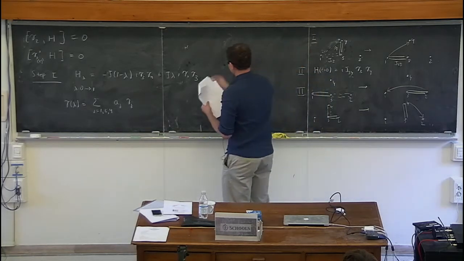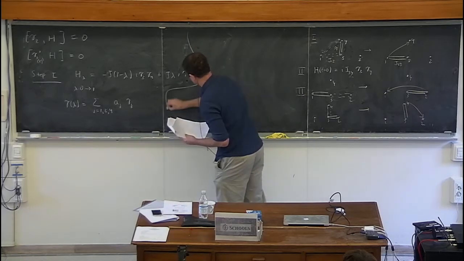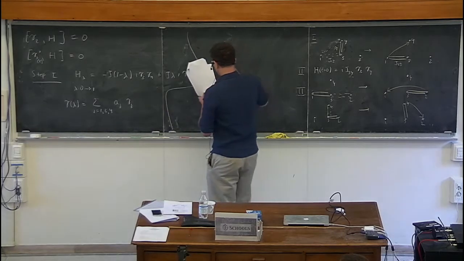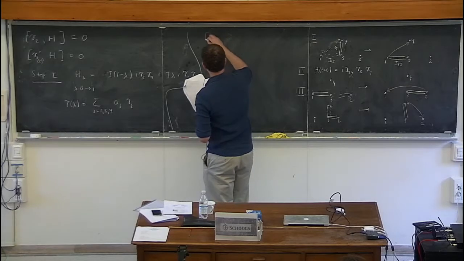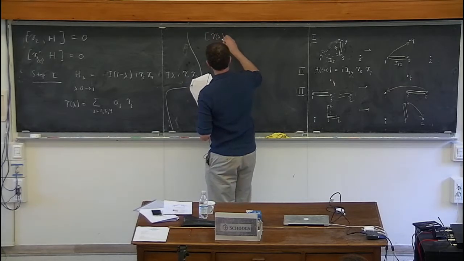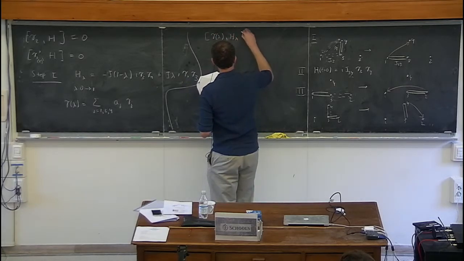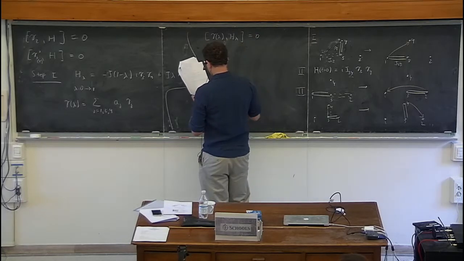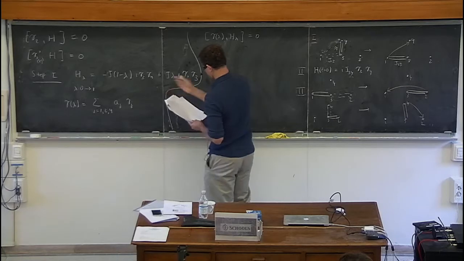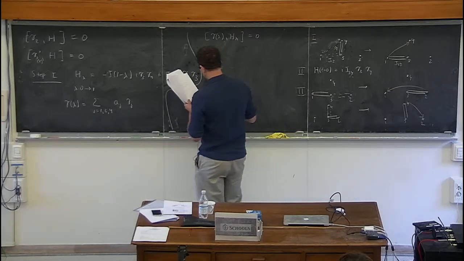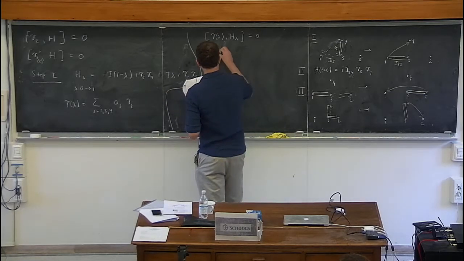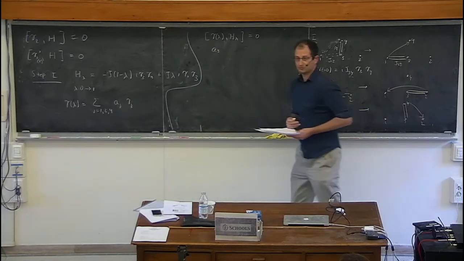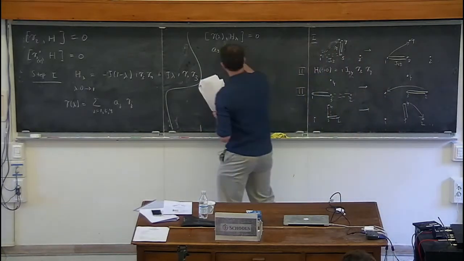Okay, so you just write down an equation that you require that gamma of lambda commutes with h of lambda. Okay, and from this you can solve for a1, a3, and a4, and it turns out that, okay, I won't do it. It's an easy exercise.